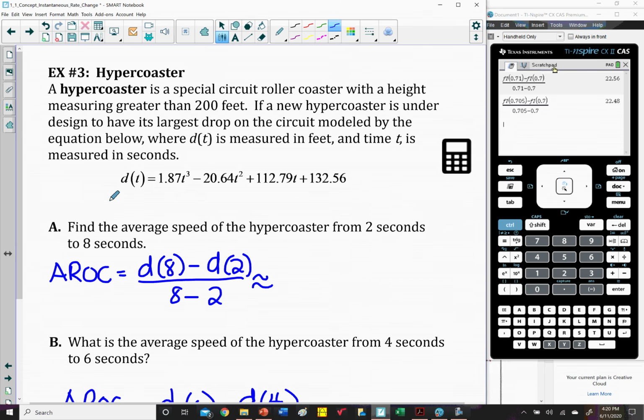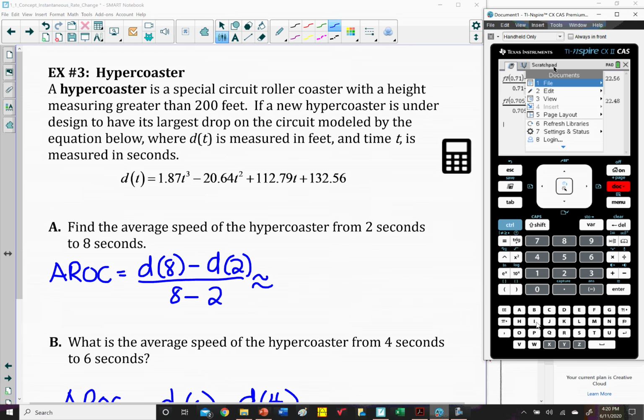In example 3, a hypercoaster is a special circuit roller coaster with a height measuring larger than 200 feet.